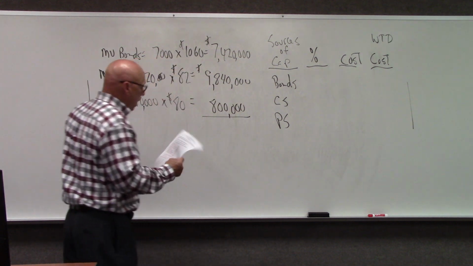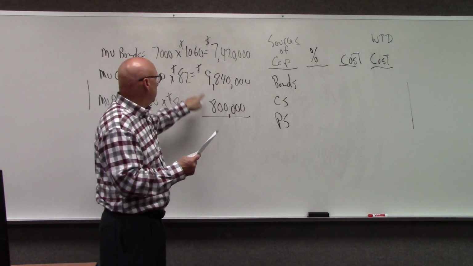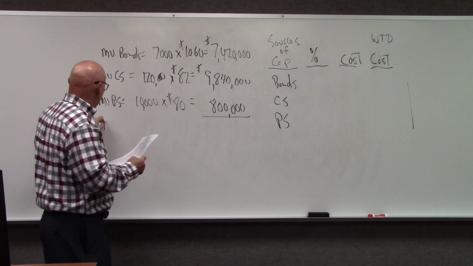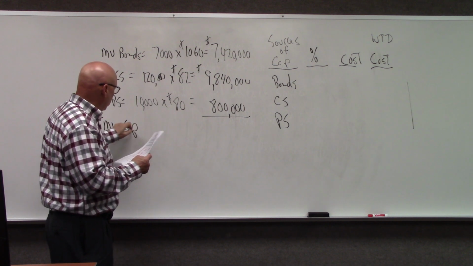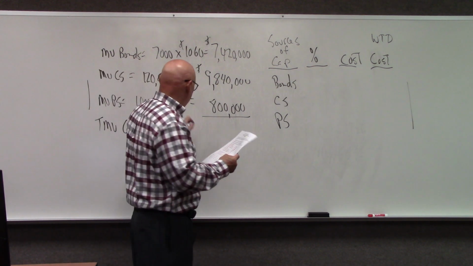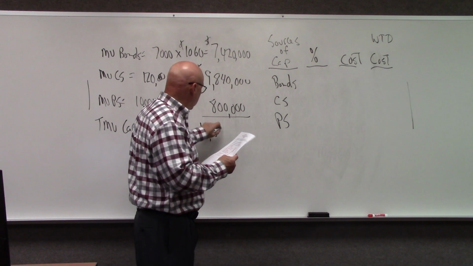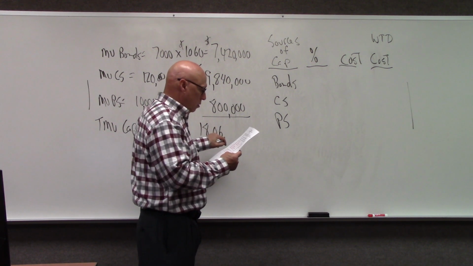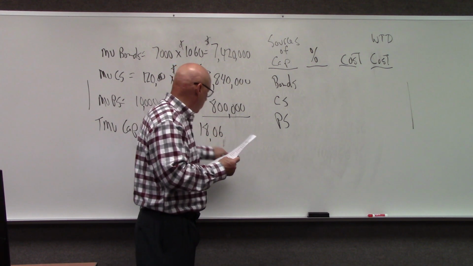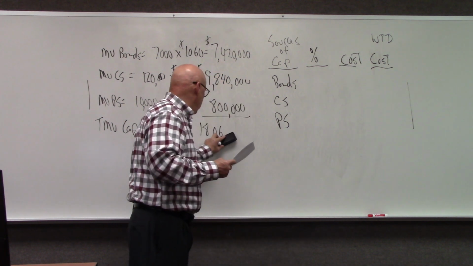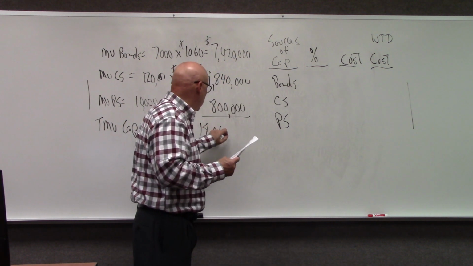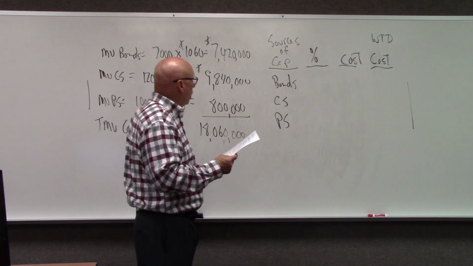Okay, so let's add this up, this plus this plus this, and we have the total market value of our capital, and we have 18,060,000.